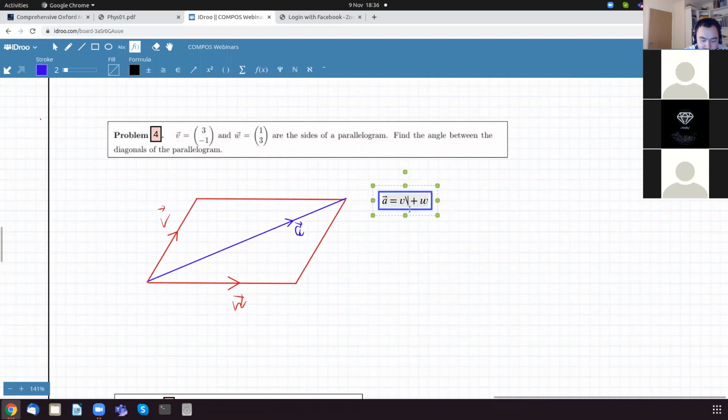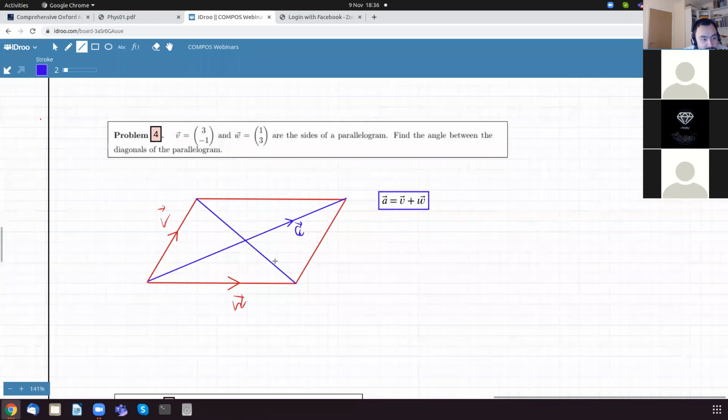When you're writing, you can just underline them. So vector A, this diagonal, is V plus W. And let's draw another diagonal like this. It doesn't really matter which way you draw, but I'm going to use this one. And here I will have to use the triangle rule for adding vectors. Let's call this vector B.